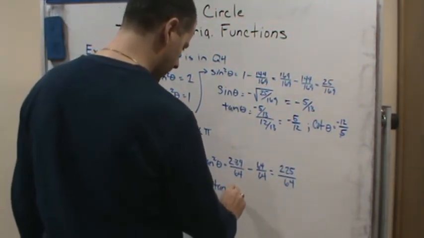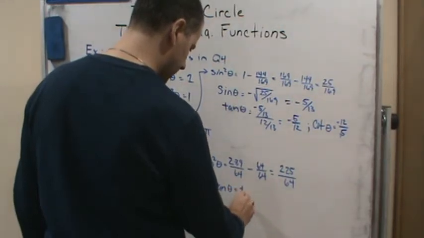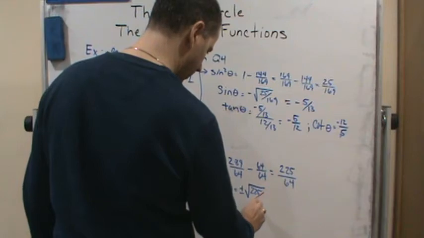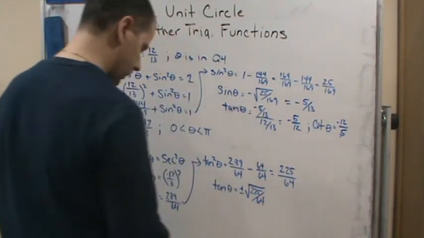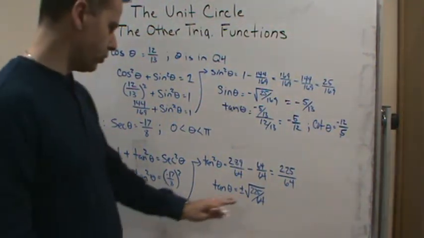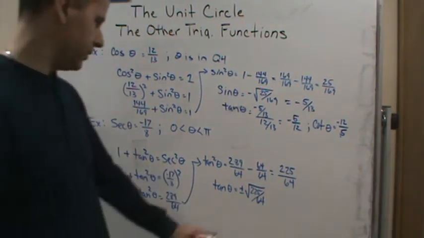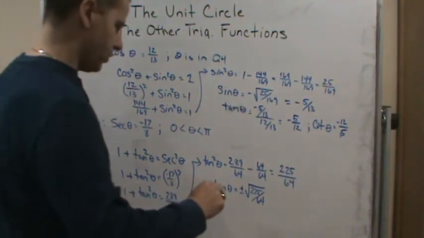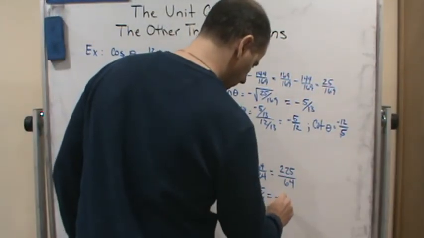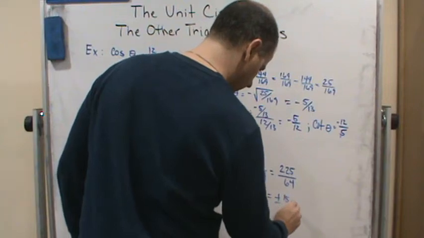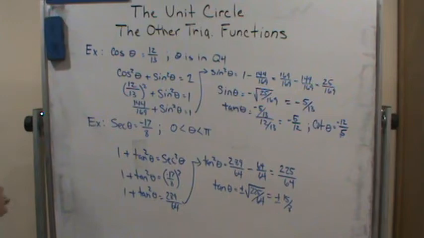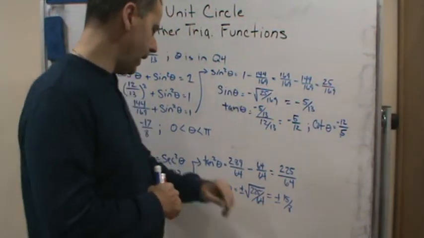So tangent theta equals plus or minus the square root of 225 over 64. Now the square root of 225 is 15, and the square root of 64 is 8. Okay, so this gives me plus or minus 15/8.